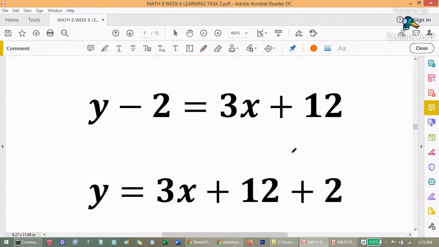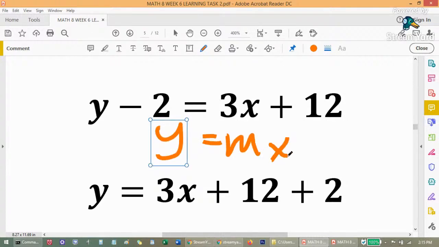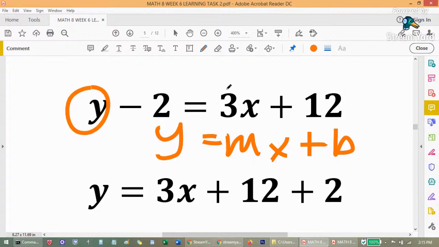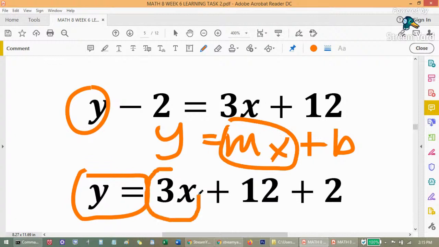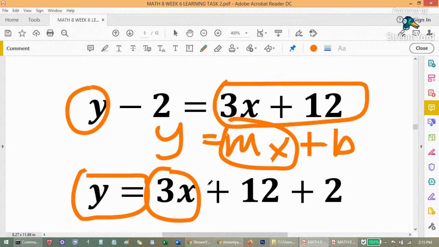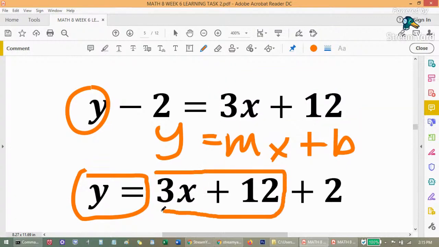And then, gagawin natin form na y is equals to mx plus b. Okay, so ito yung y. So, y equals mx, ito yung x natin, 3x plus 12.